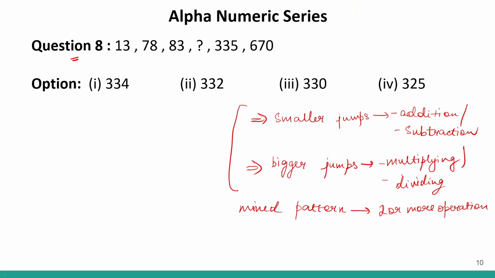Or we have 2 or more alternating series. So it could be a mixture of 2 series, it could be a mixture of 3 series as well. So whenever you see a mixed pattern, the approach should be that either there are 2 or more operations in that series, or we have 2 or more series clubbed together. Correct? So this is the approach that we have discussed that you should follow while solving questions on alphanumeric series.